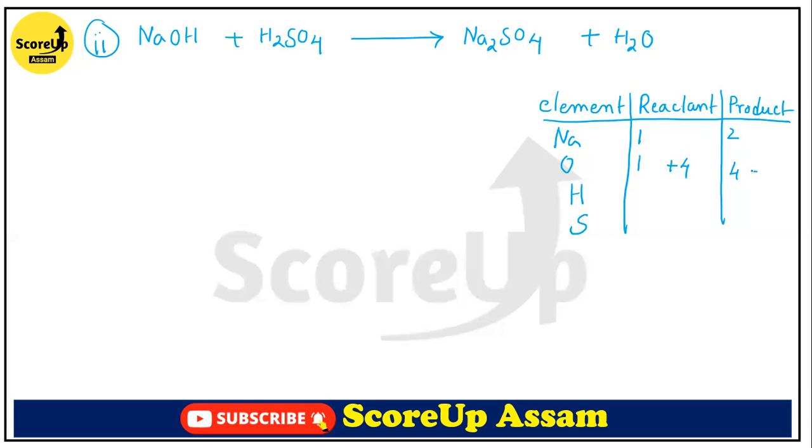Hydrogen, here 1 hydrogen plus 2, the number of hydrogen is 3. What about sulfur? Here sulfur is 1, here sulfur is 1. There is no change of sulfur.